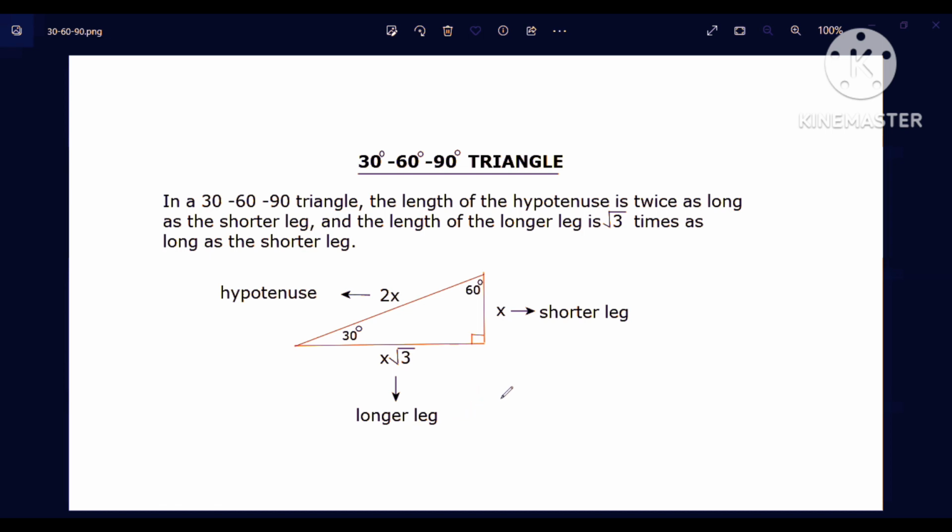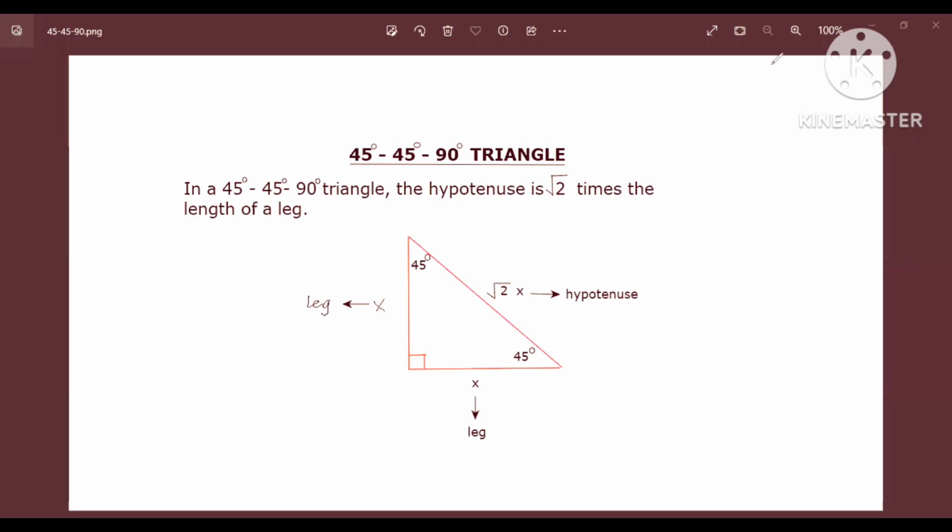Let us discuss first the second theorem, no? The 45-45-90 triangle theorem. Okay, ano naman ang sinasabi ng 45-45-90 triangle? In a 45-45-90 triangle, the hypotenuse is square root of 2 times the length of a leg. Okay, so itong itsura ng ating 45-45-90 right triangle.